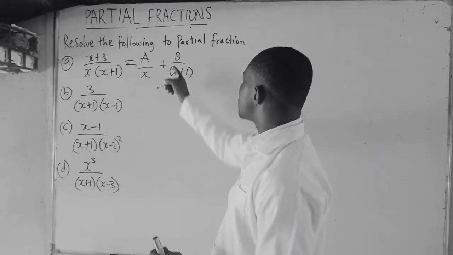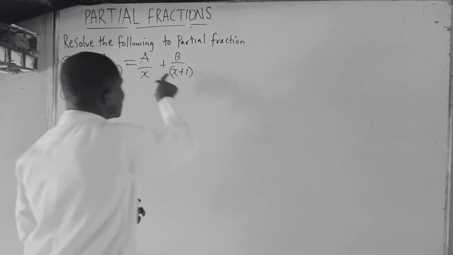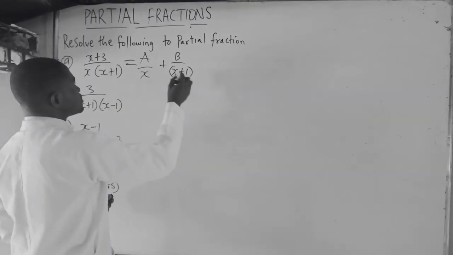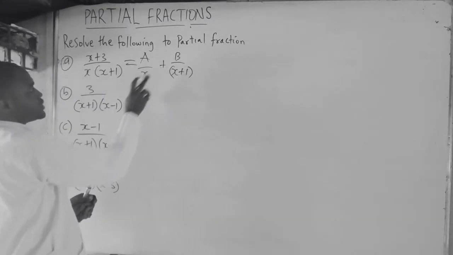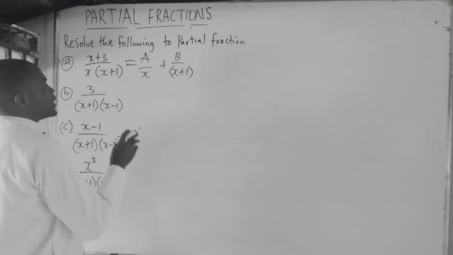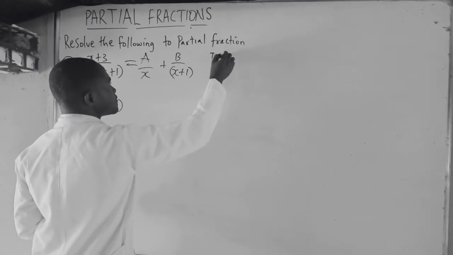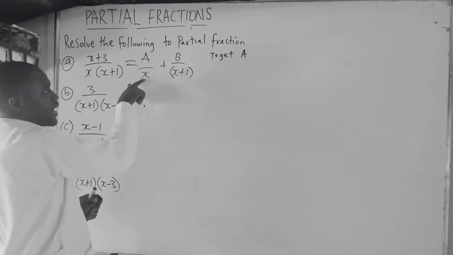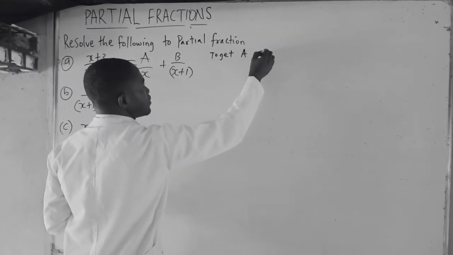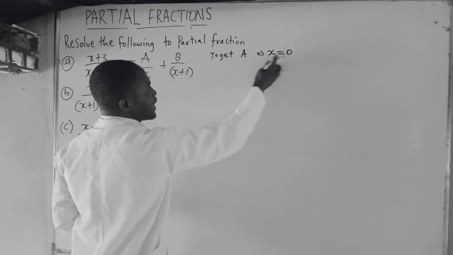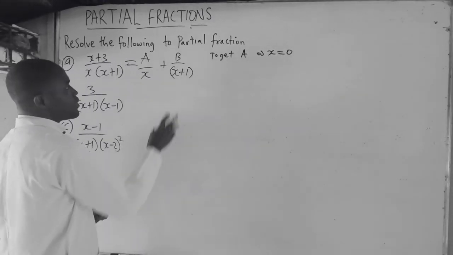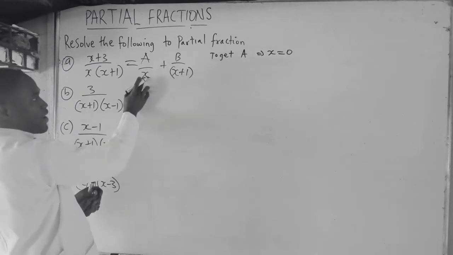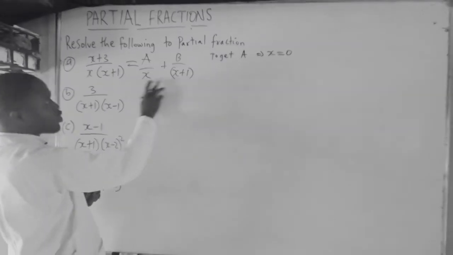Now, to solve this, we want to see how to get our A and B. So what we do is that this is equal to this. That is what we are saying. To get A, take this x, equate it to 0. That is, x is equal to 0. Then carry this x plus 1 and use it to cover this up. You have removed this and made it equal to 0, so use it to cover it up.